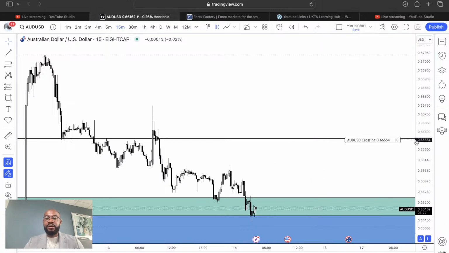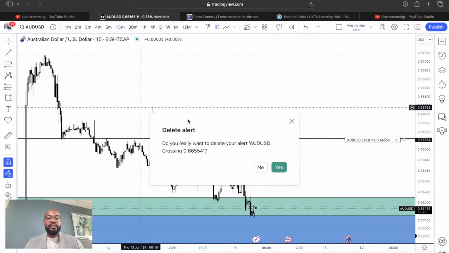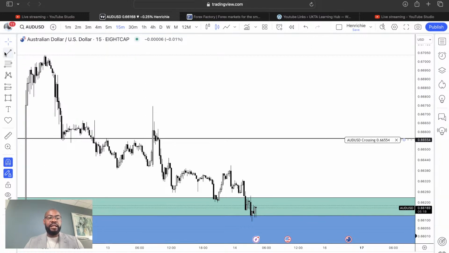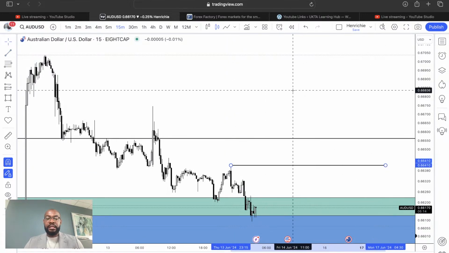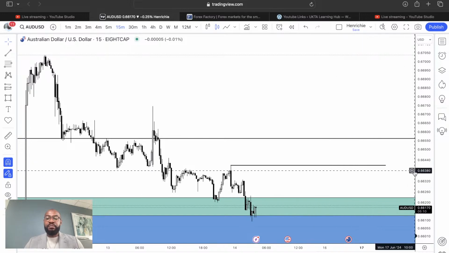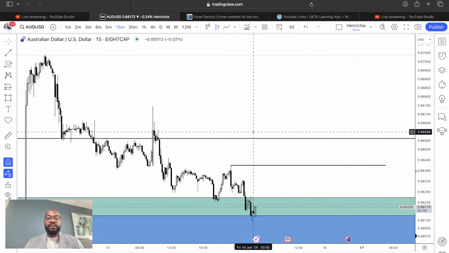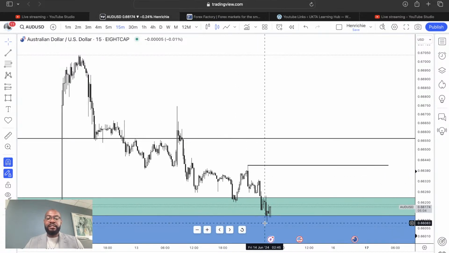So that is what I'm watching on Aussie dollar, and hopefully if we do see the break of structure above here, that's when I'll look for a buy right here, because to me this is the high and this is the low.